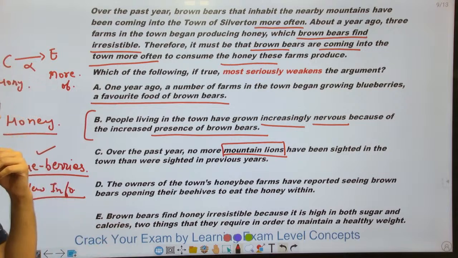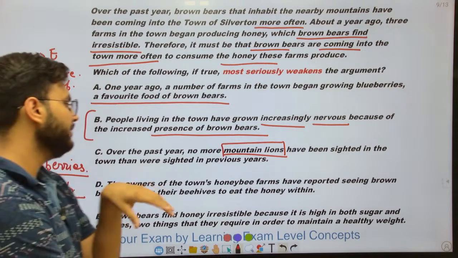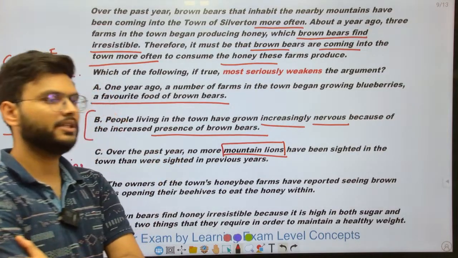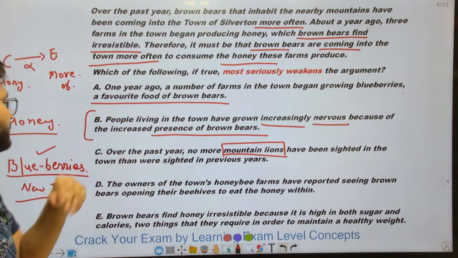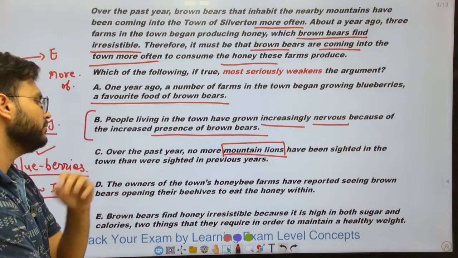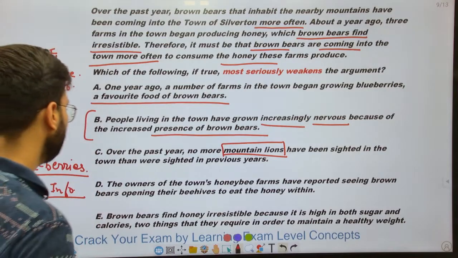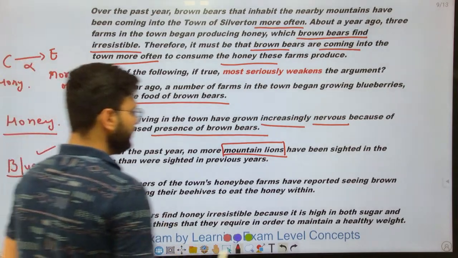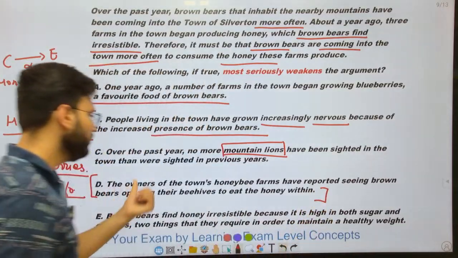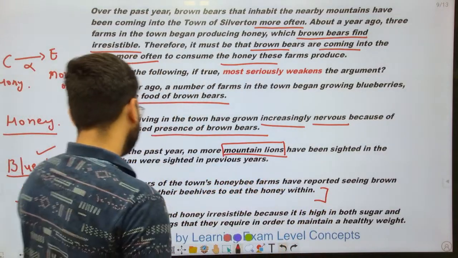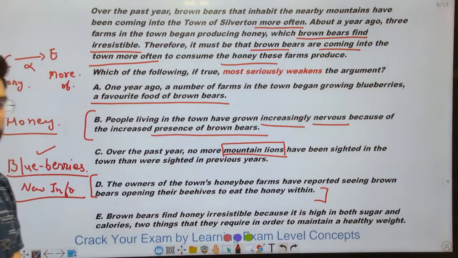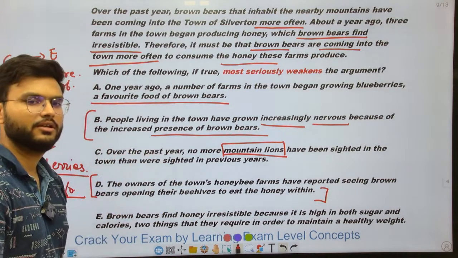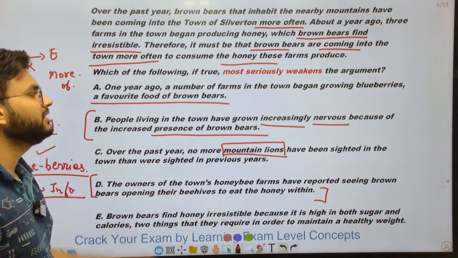Option D. The owners of the town's honeybee farms have reported seeing brown bears opening their beehives to eat the honey within. Okay. Now they have seen it. The owners have seen these brown bears eating the honey. I have to weaken that honey is the cause.